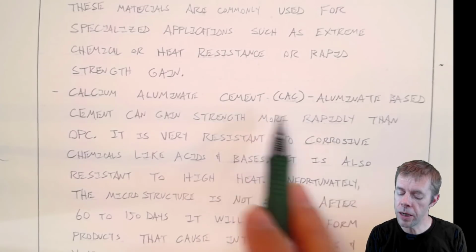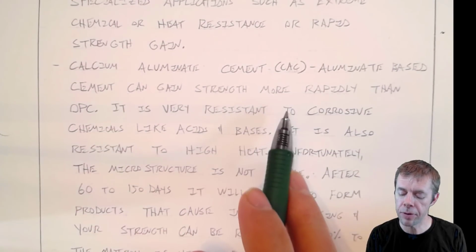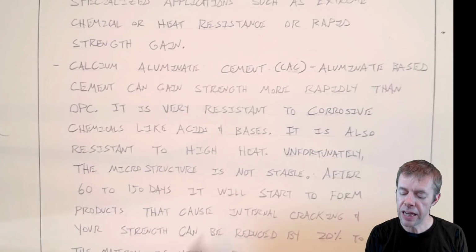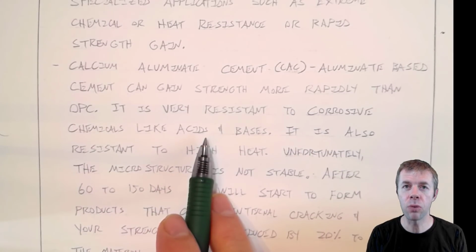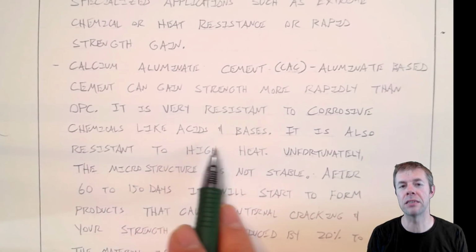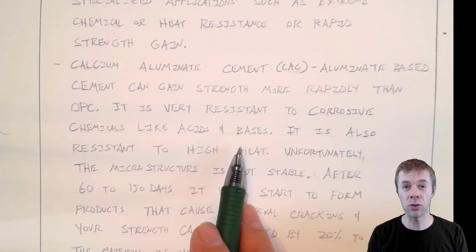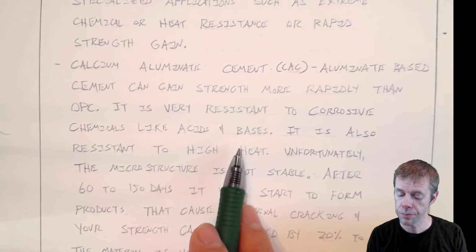Now this is an aluminate-based system, and it can gain strength more rapidly than OPC. It's very, very resistant to corrosive chemicals like acids and bases. If you ever need a concrete that needs to be extremely resistant to these extreme chemicals, then calcium aluminate cement could be the material for you.